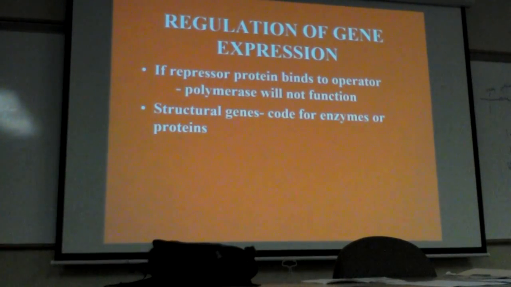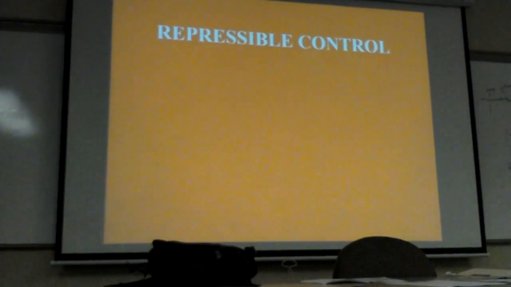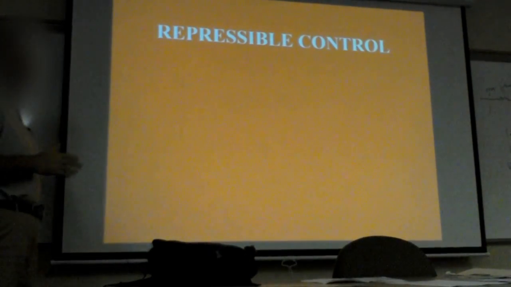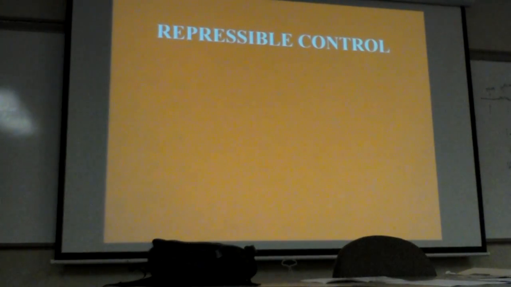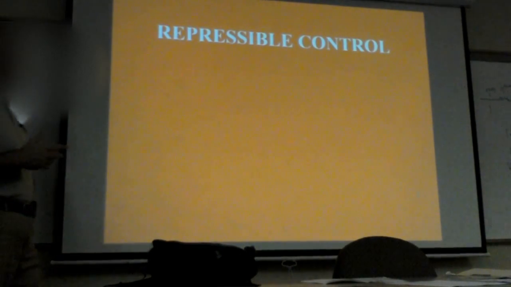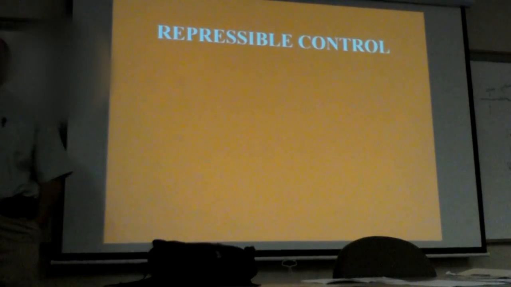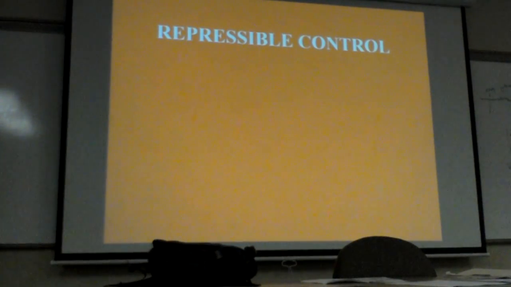So the first example we have is repressible control. Every one of you has experience with repressible control. You may have had experience in the last week, because other than the last couple of days, weren't we in that trend where it was getting cooler? Maybe you even broke down and turned the heat on a couple of those chilly nights.